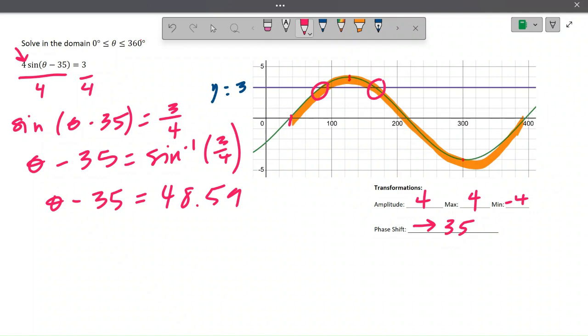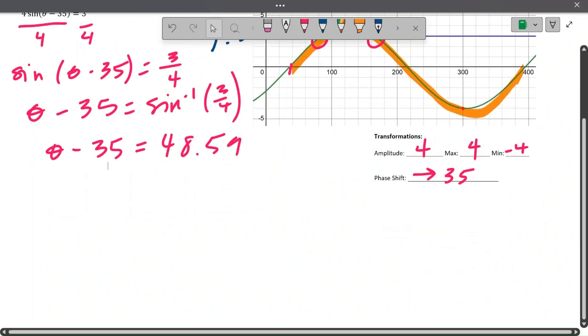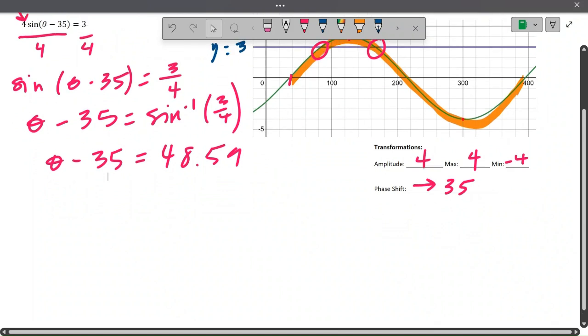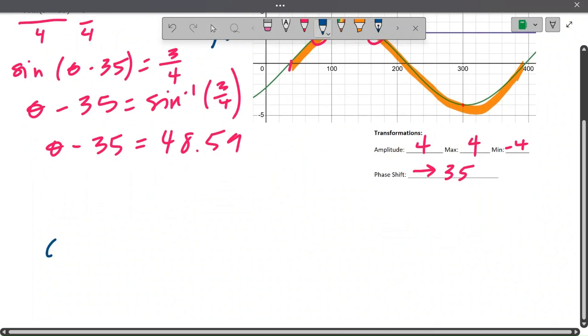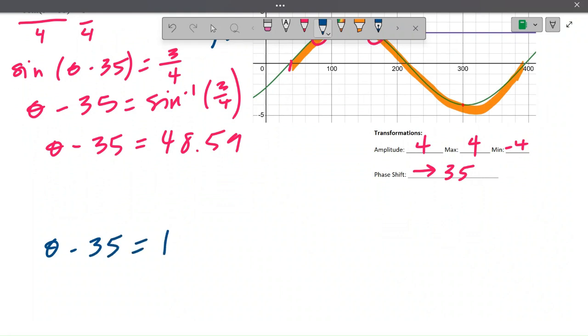Okay, and at this point, we've got to set up our second equation. I'm going to run out of room here, so I am going to slide this up a little bit. Our second equation identifies that we are going to have two solutions within 180 degrees. So we say theta minus 35 equals 180 minus the solution we just got, which is 48.59.